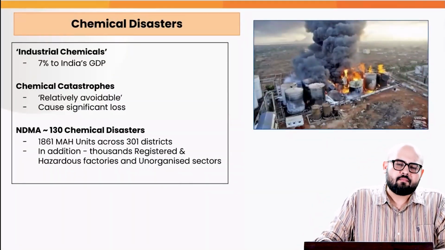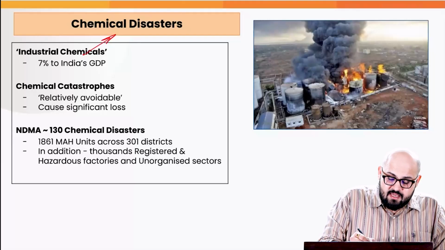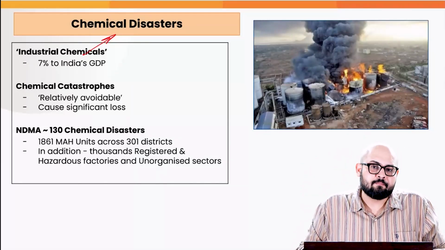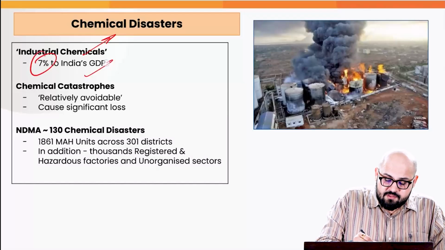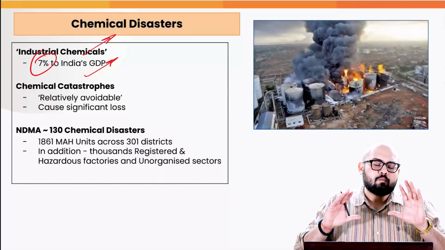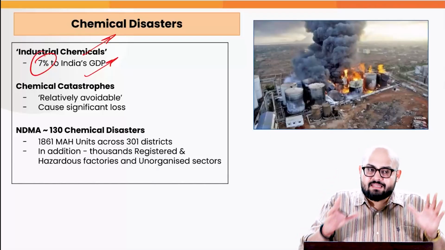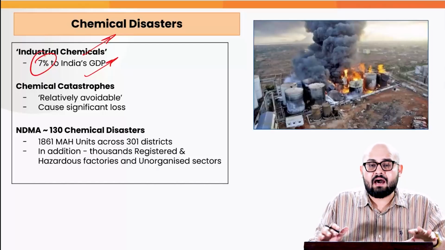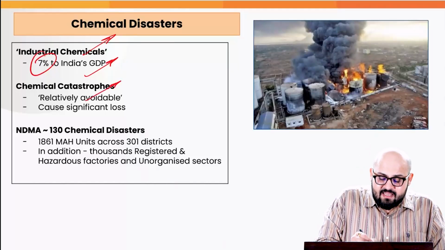Now, see, the industrial chemicals form the backbone of the modern industrial manufacturing systems, and they contribute almost 7% to India's overall gross domestic product. Now, what we basically say is that these industrial disasters which happen, most of the time are relatively avoidable.